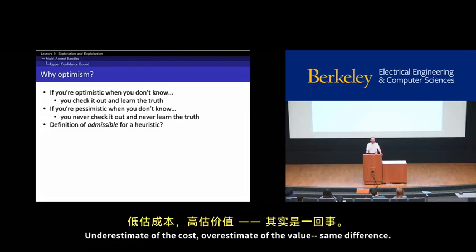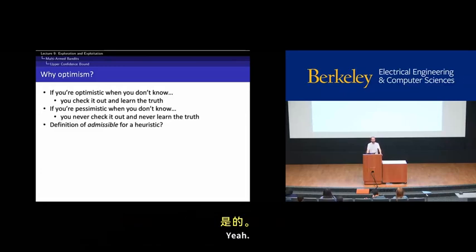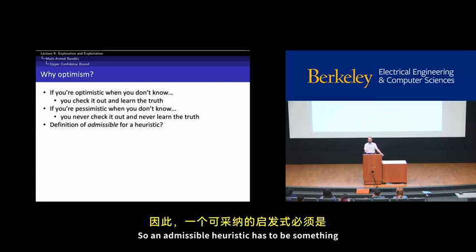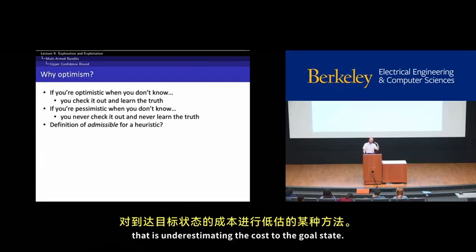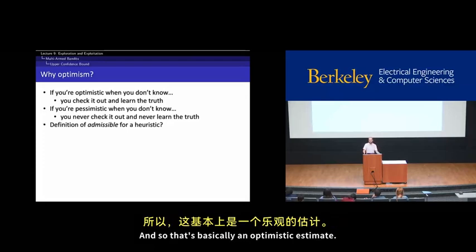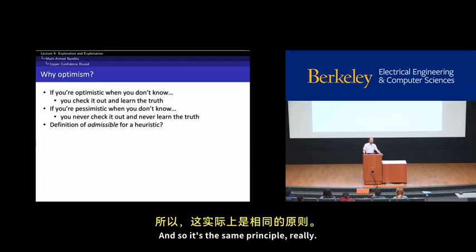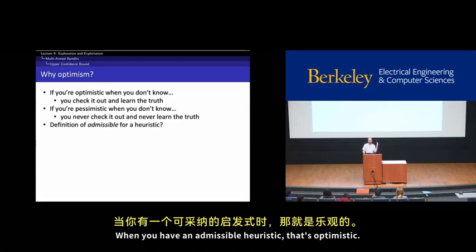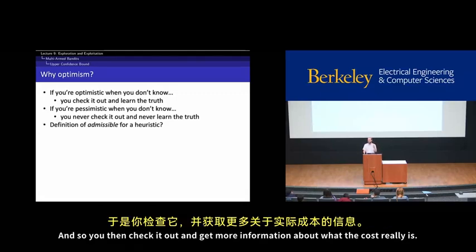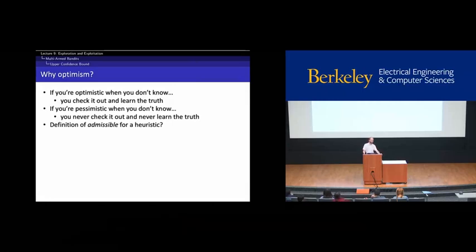Underestimate of the cost, overestimate of the value, same difference. So an admissible heuristic has to be something that is underestimating the cost to the goal state. And so that's basically an optimistic estimate. So it's the same principle, really. When you have an admissible heuristic, that's optimistic, and so you then check it out and get more information about what the cost really is.